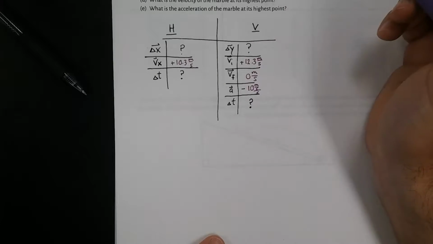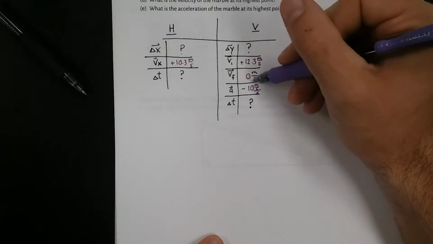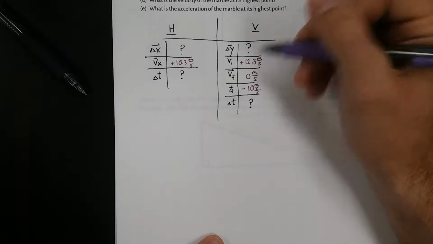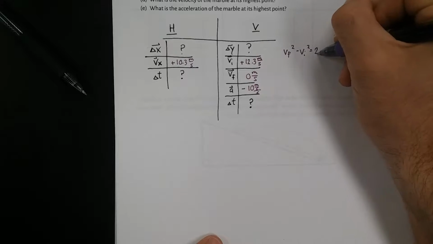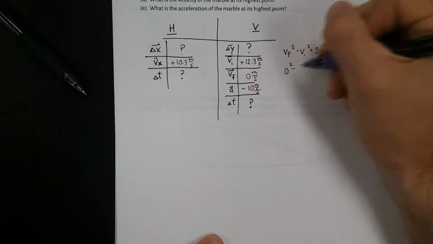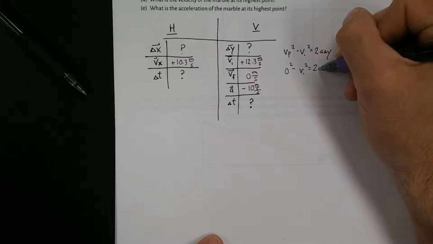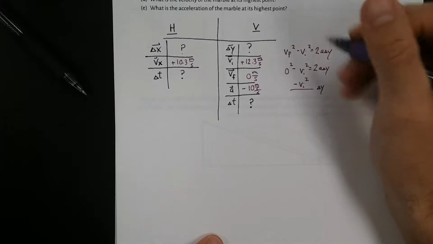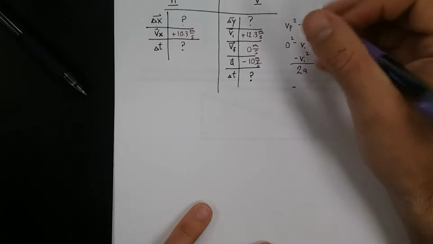So then vertically, I'm trying to find maximum height, I'm trying to find delta t. Given VI, VF, and A, I can use this idea: VF squared minus VI squared equals 2A delta Y. That becomes 0 squared minus VI squared equals 2A delta Y, or delta Y equals negative VI squared over 2A. Let me plug in some numbers there.